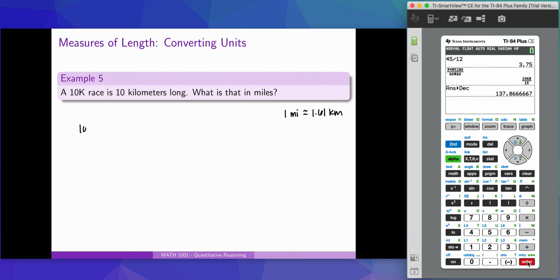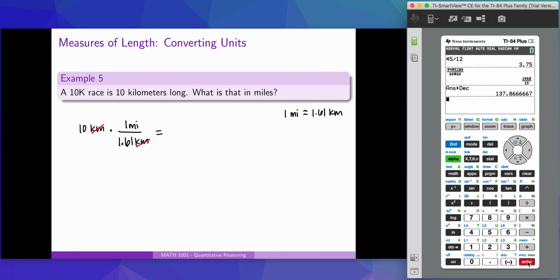So I have 10 kilometers that I want to convert to miles. So I need to cancel out kilometers. So I'm going to put the 1.61 kilometers on the bottom and the 1 mile on the top. The kilometers cancel, and I'll just have miles as my unit.